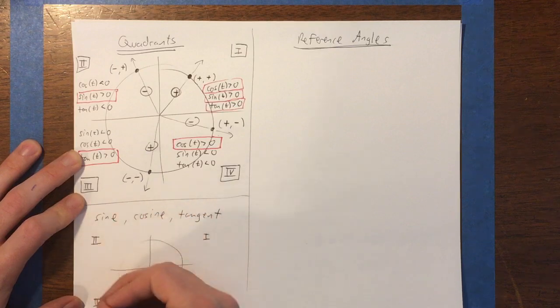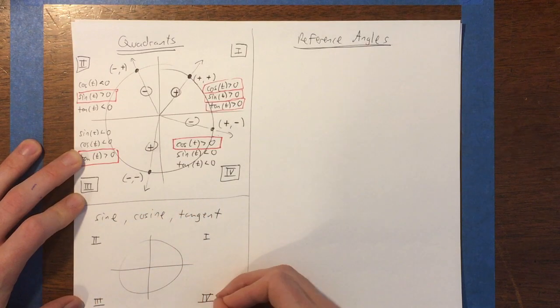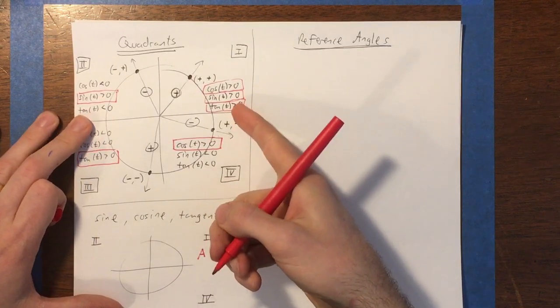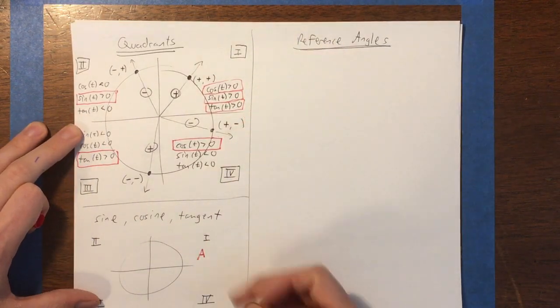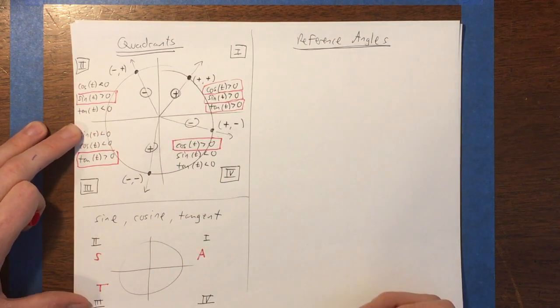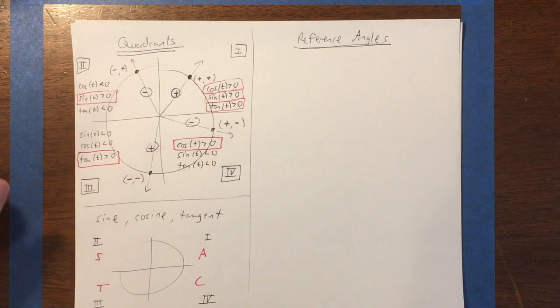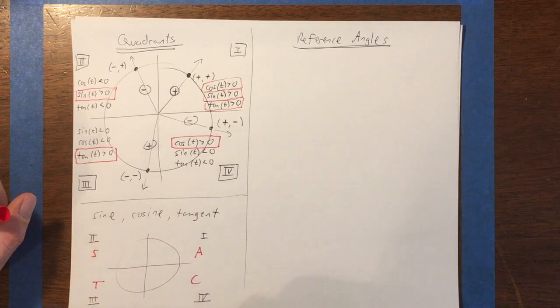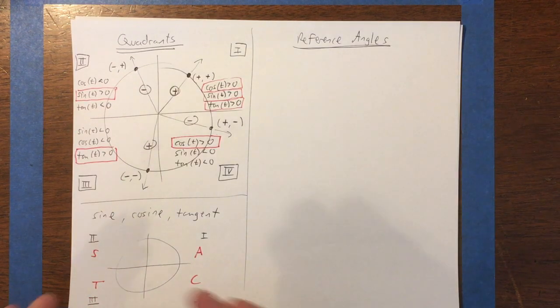Going in order 1, 2, 3, 4, we can use the letters A for all three of them, S for sine, T for tangent, and C for cosine. A, S, T, C, going in order 1, 2, 3, 4. Those letters represent which of the main three trig functions is positive in that quadrant, like for angles terminating in that quadrant.